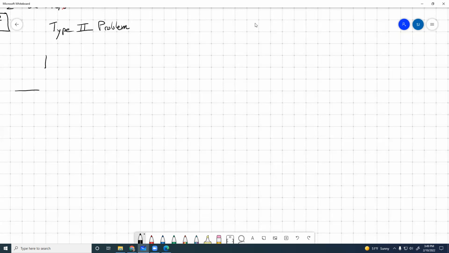We've got a reservoir, it's got a pipe, flowing to another reservoir, got water. There's an elevation difference between them.